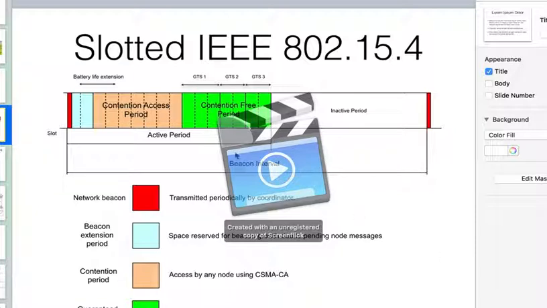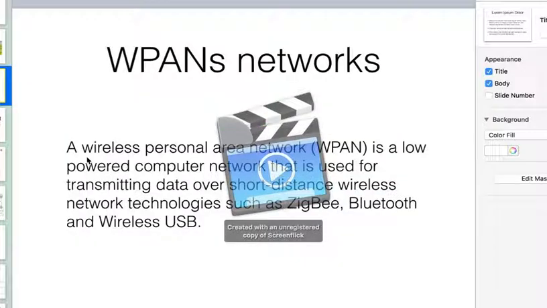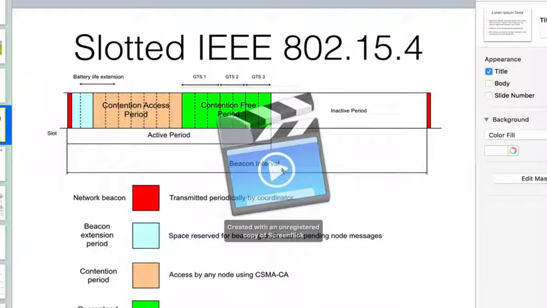So we have two parts: active periods and inactive periods. In this part, we said that the main point of this kind of network is saving the power, saving the energy. So we need the inactive period to save energy, because in these periods all the nodes are in sleep mode.